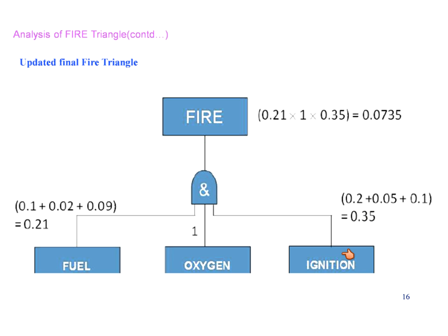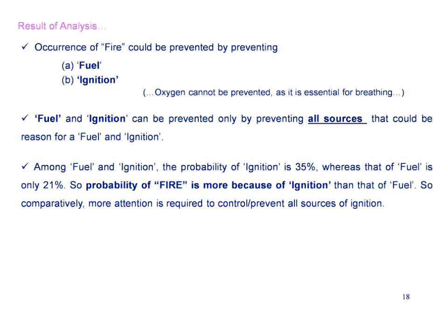So ignition is giving more possibility to cause an accident, fire, okay, compared to fuel. So this is more danger in this problem, because its value is higher than the fuel value. So we will try to stop ignition first. That is safety for us. Okay, that is the comment.